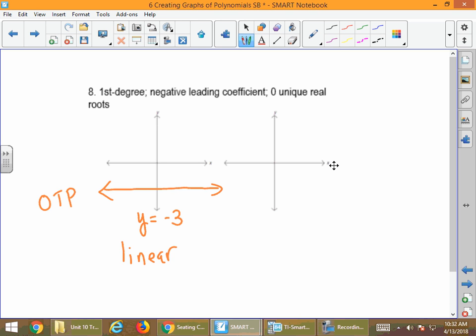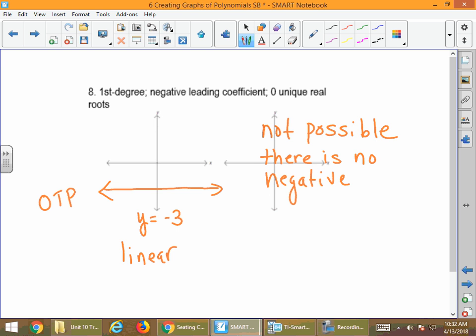But the thing is, do we really have a leading coefficient on this one? There's no variable in this, so there's no negative leading coefficient. So what I said on this one ultimately is that this one was not possible, because there is no negative leading coefficient.